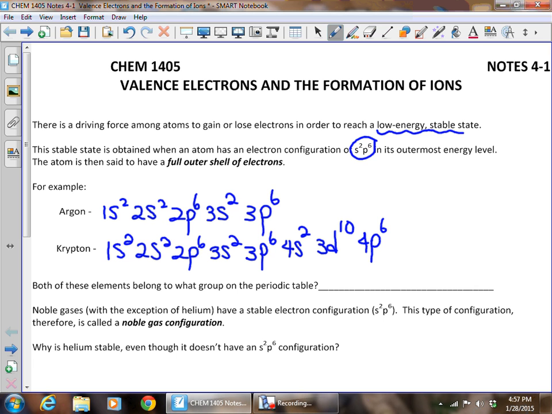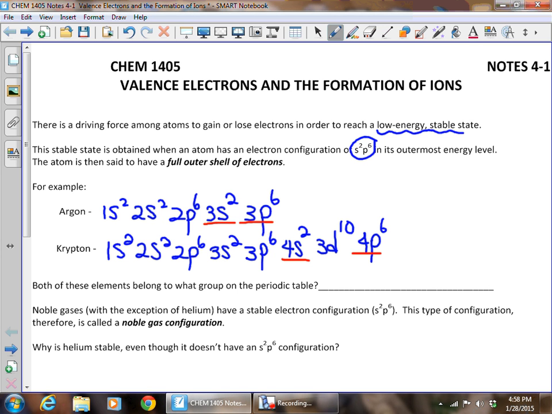And that full outer shell, the 3s2, 3p6, and the 4s2, 4p6, even though it's separated by that 3d sublevel, that indicates that we have a full outer shell of electrons, s2p6. That's a very desirable state for an atom.